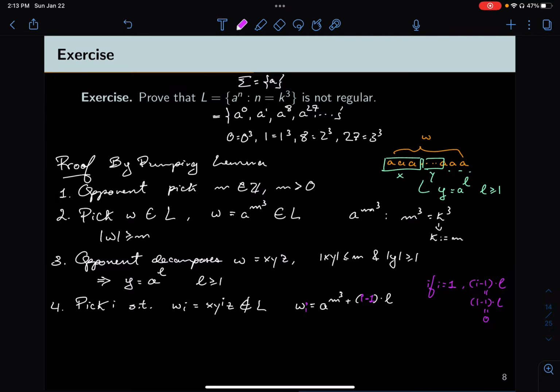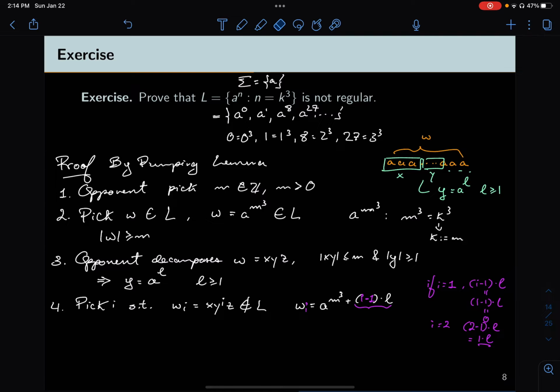That makes sense because I'm not adding anything extra to the string, and I just keep the same form, m cubed. If i is equal to 2, then I'm adding (2 minus 1) times L, one extra L's worth of a's.